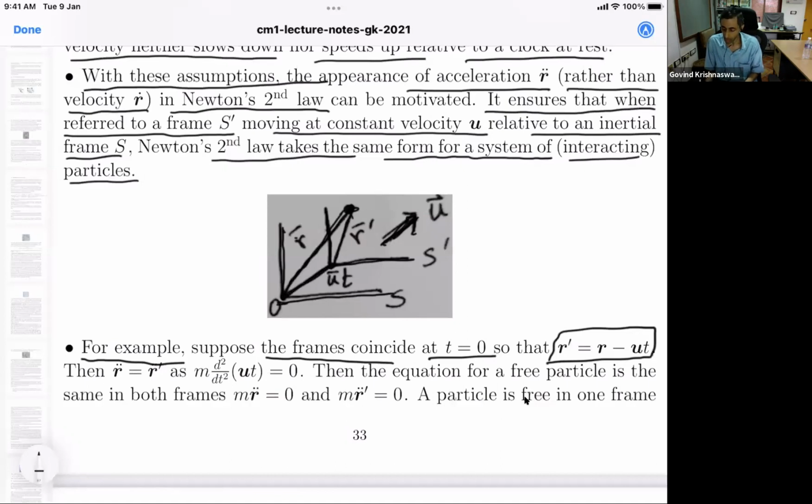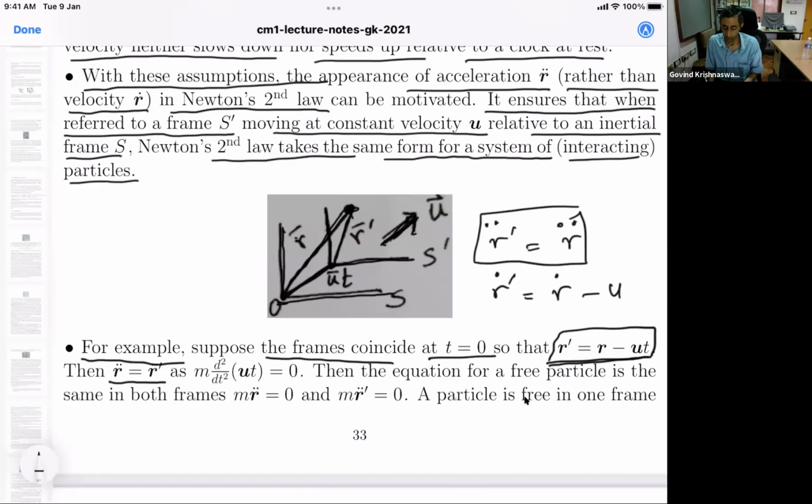Given this relation between r prime and r, we notice that r prime dot is equal to r dot minus u, and therefore r prime double dot is equal to r double dot. So the two accelerations are equal in the two frames.